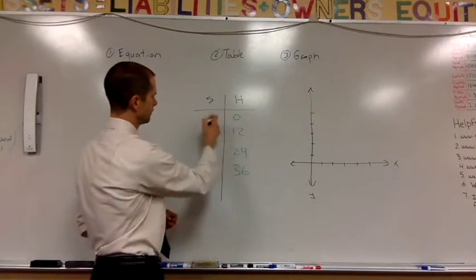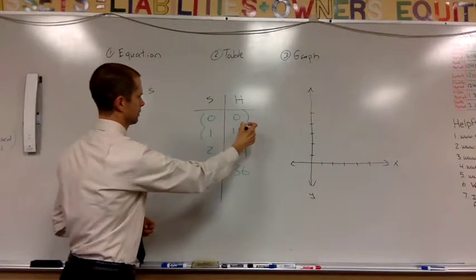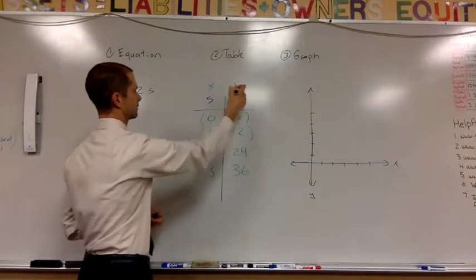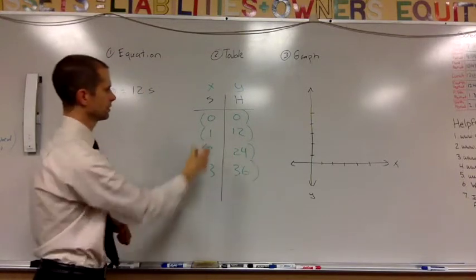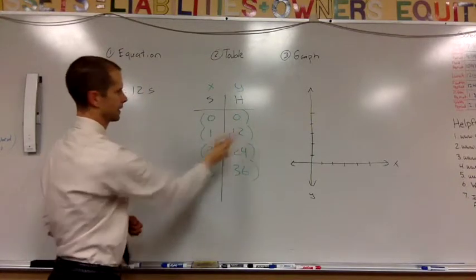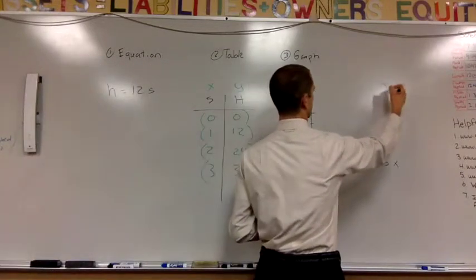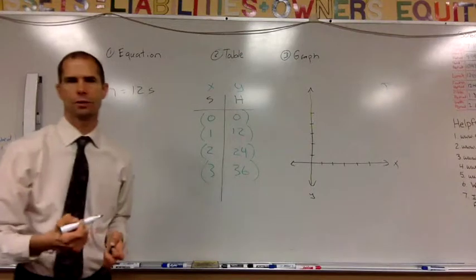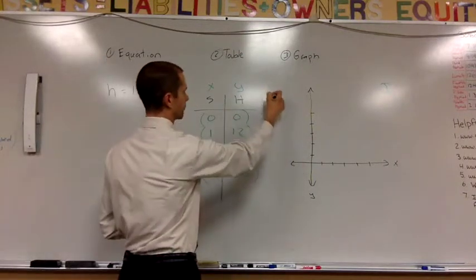Now, if you look at these ordered pairs, think of this as x and this as y. And these would be our ordered pairs. You'll notice positive, positive, positive, positive. They are all positive. That means they are in quadrant 1. Now, when we create a graph for problems like this, we don't need to draw all 4 quadrants.